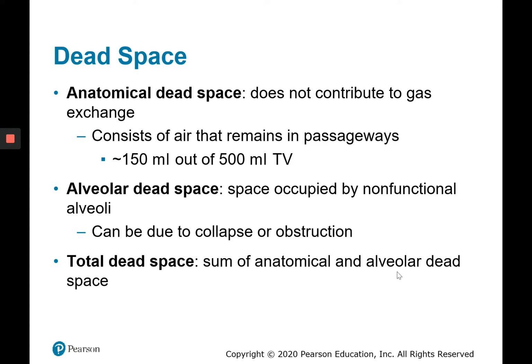So due to collapse or obstruction, for some reason, this alveolus is going to be non-functional and doesn't participate in gas exchange. And the air there is the alveolar dead space. If you add the anatomical dead space to the alveolar dead space, you have the total dead space, which is the sum of both.